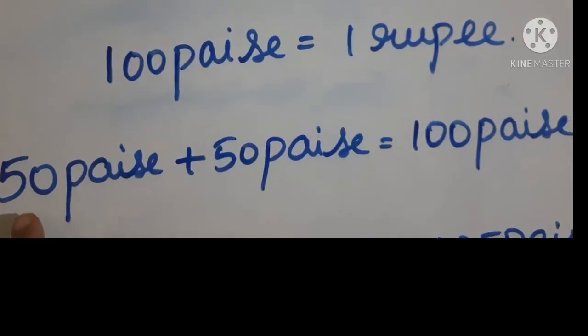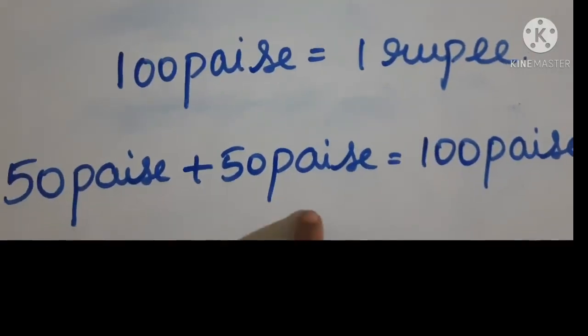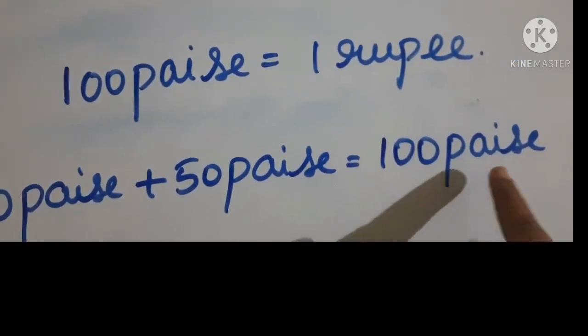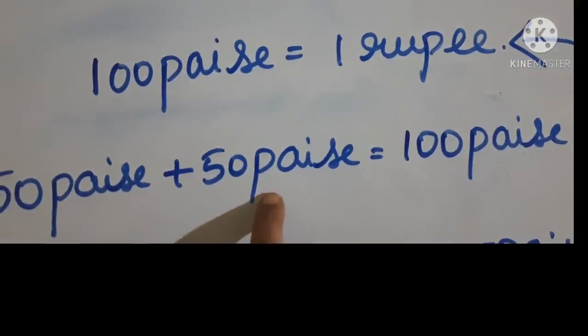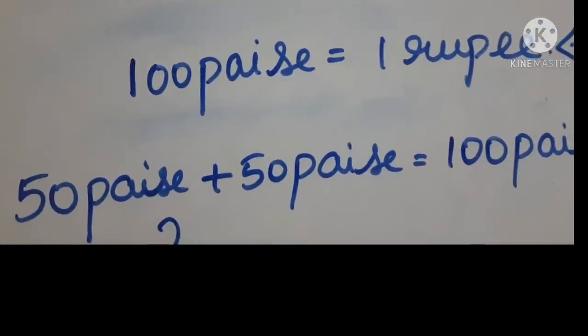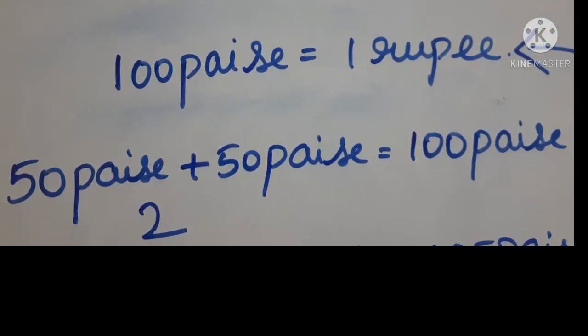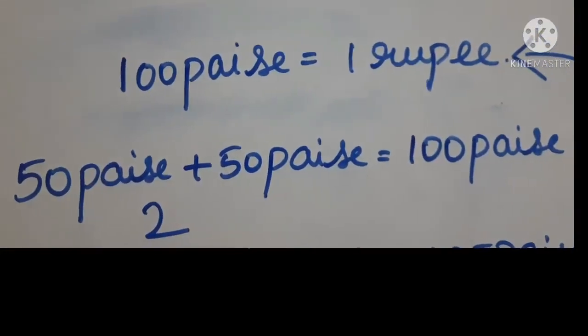See how many paise? 50 plus 50 is how much? 100. 50 paise plus 50 paise make 100 paise, and we already know 100 paise is 1 rupee. So how many coins do we have? 2 coins, right?